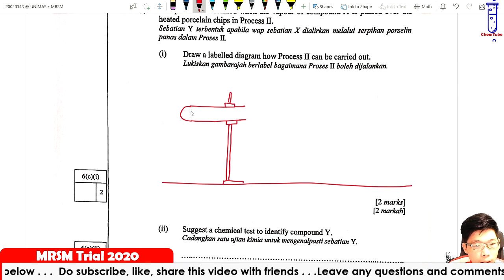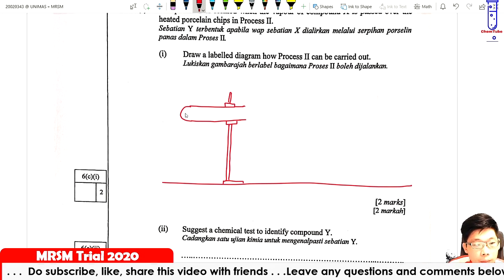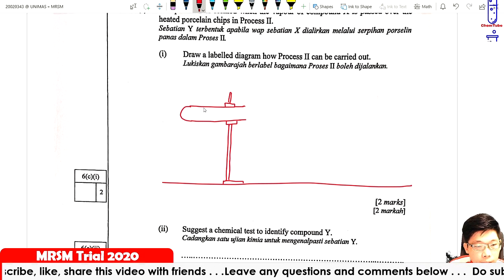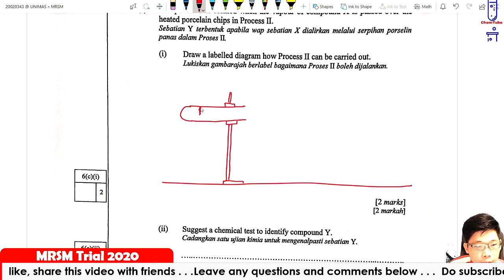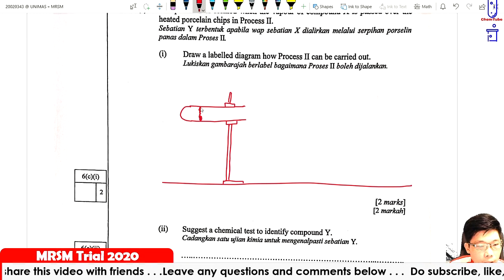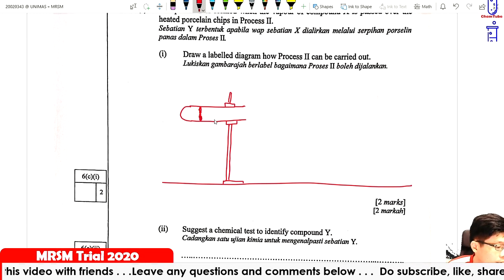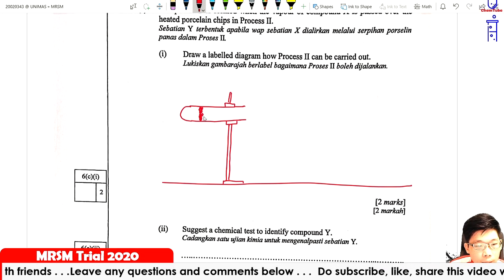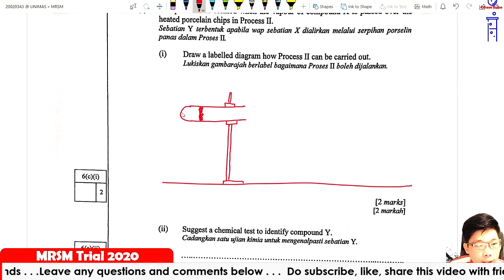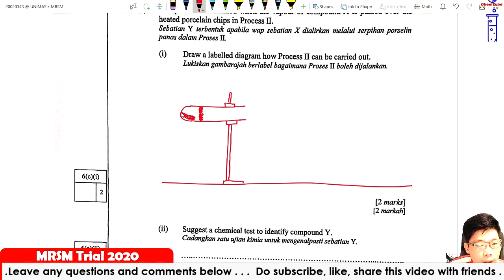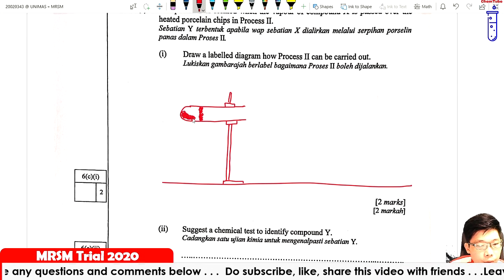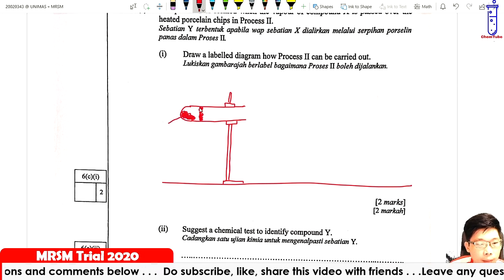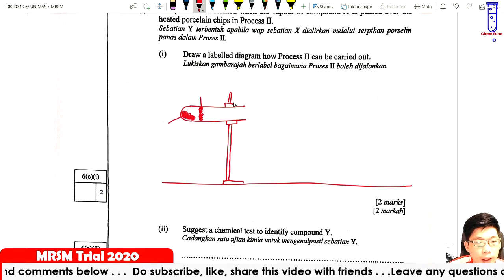So in the porcelain chips, right? So we have to put in the porcelain chips. Okay, we have to put in the glass wool first. Then we need to put the porcelain chips here. Then the glass wool soaked with ethanol. We have to label everything here.